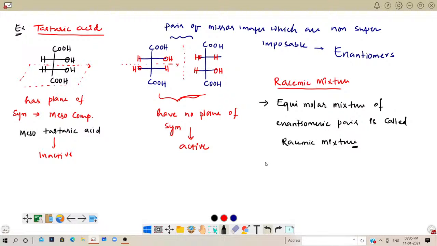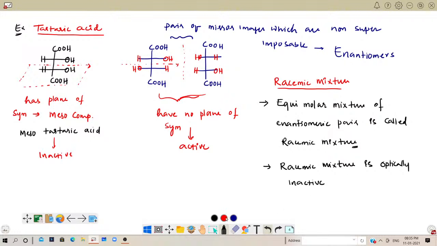So a racemic mixture is optically inactive.